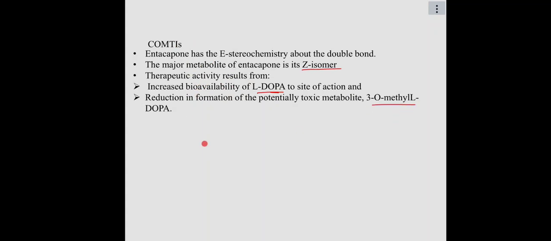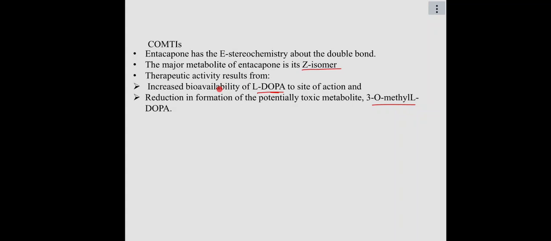The 3-O-methyl L-DOPA has been found to be very toxic. It is responsible for some toxicity. So once you decrease the metabolism of L-DOPA by blocking COMT, you also reduce the formation of the potentially toxic metabolite 3-O-methyl DOPA, and that is why you have better therapeutic activity, because you have reduced toxicity and yet increased L-DOPA.